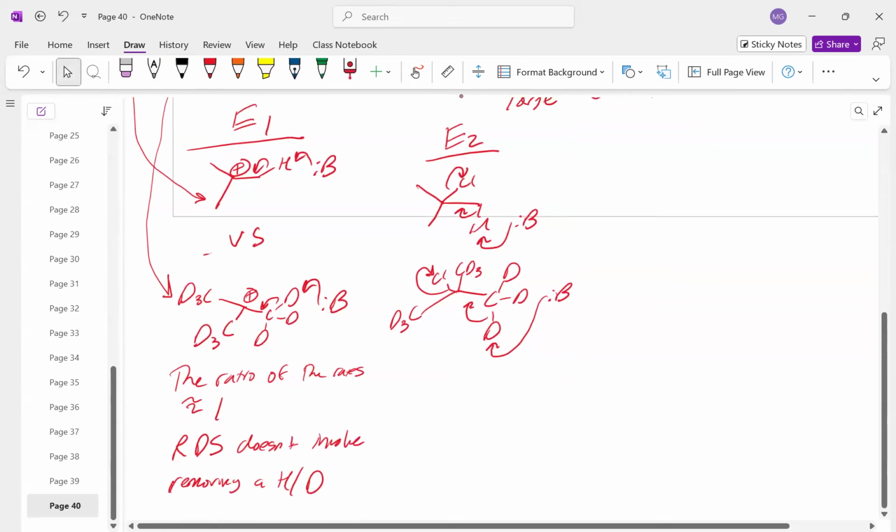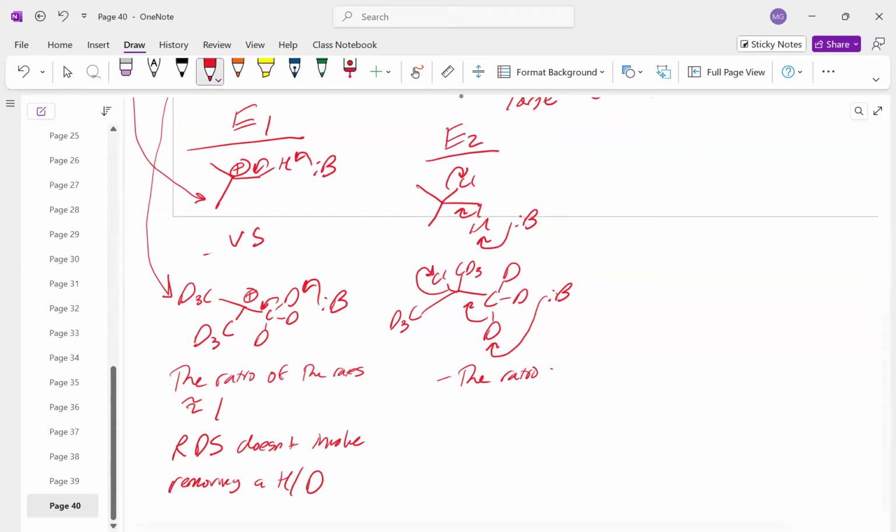And what they found in the case of E2, the ratio of the rates is large, like between 6 to 8 times more.